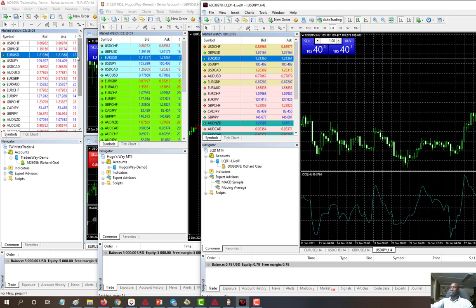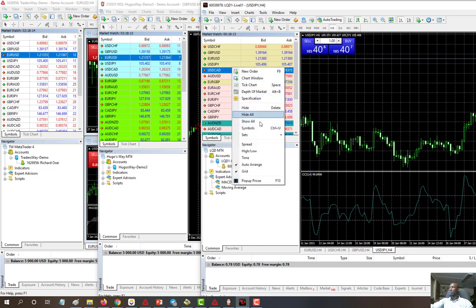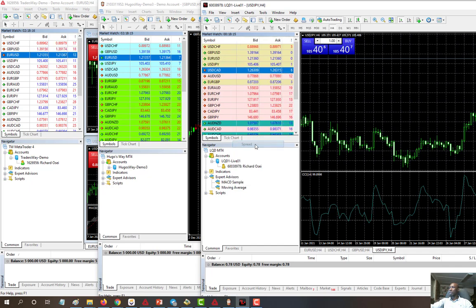And as you can see, here is 12 and here is 7. And if you don't see it on your market watch, just right click anywhere and say spread, and it will show you the spread. So Euro USD here is 0, but you have 7 from this broker and 12 from this broker, and this can affect your trading when it comes to making profit.